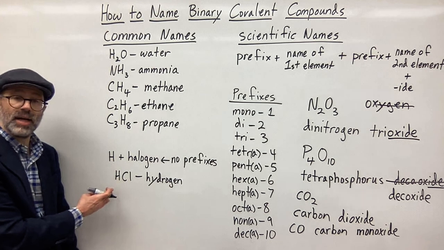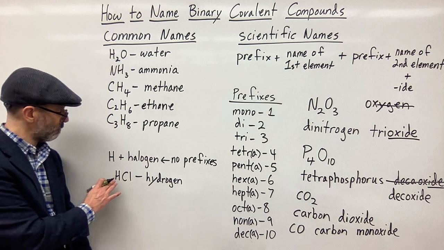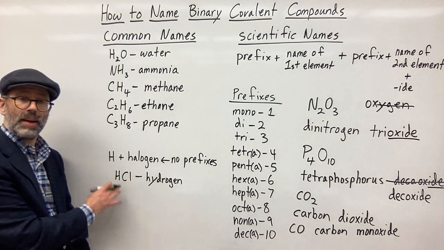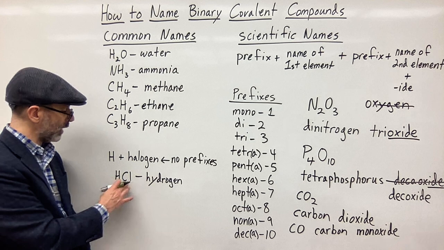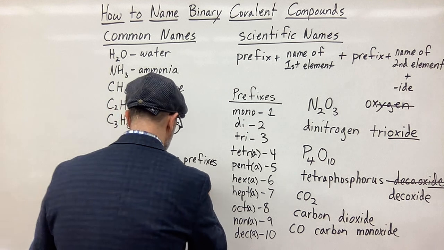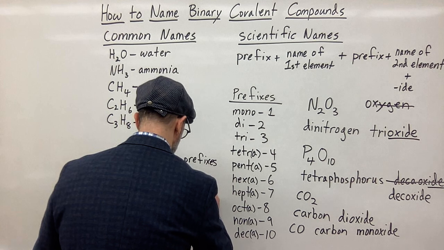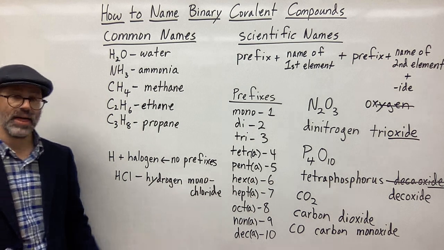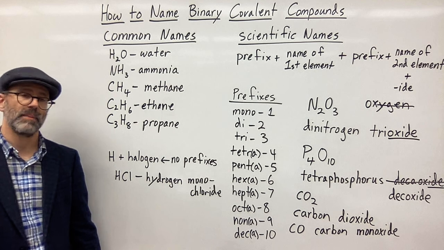Just like I said a moment ago, we don't write mono for the first one, but for the second one, you could write mono, right? So we might say hydrogen monochloride. That would be one way to name this.